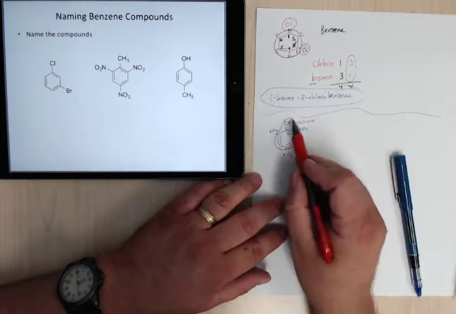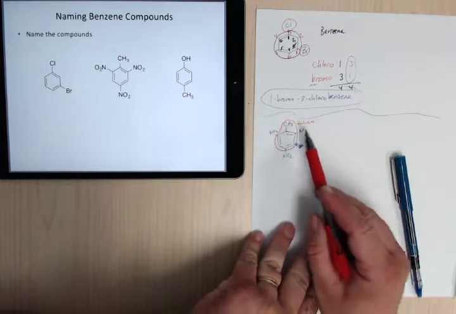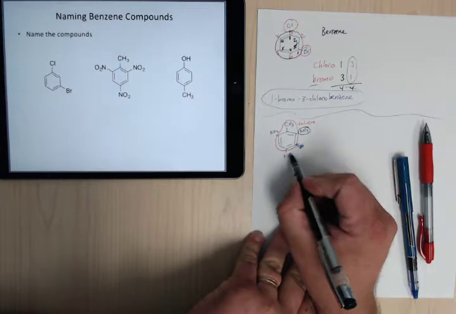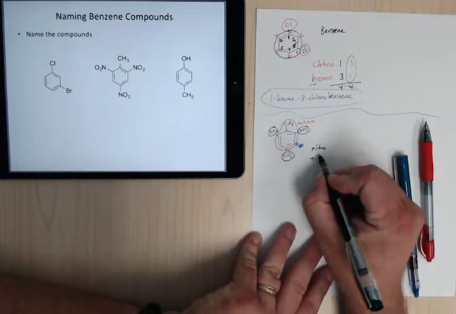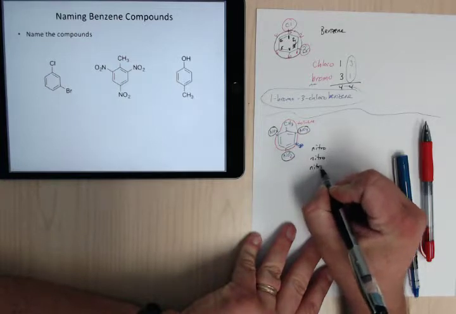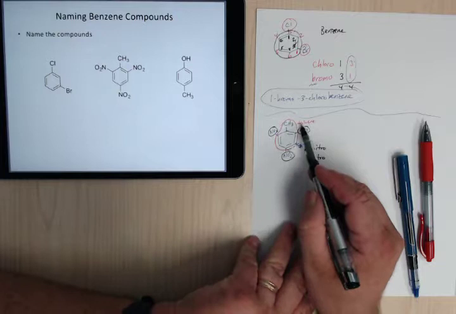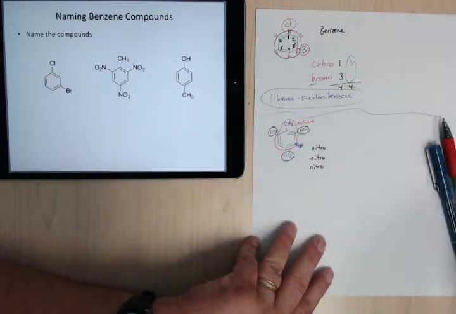That takes into account the methyl group here. The other side chains we have are 3 nitro groups, so nitro, nitro, nitro. Again, notice I didn't put a methyl group here because that's assumed in the toluene. It's the only way we can have a toluene. And so we know that this is number 1.